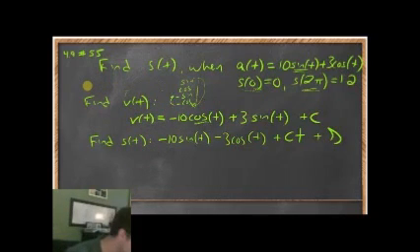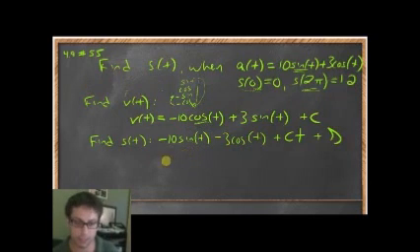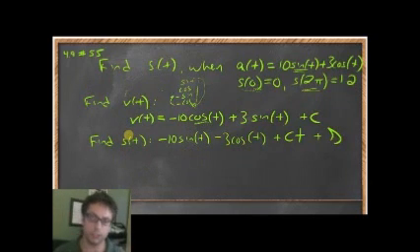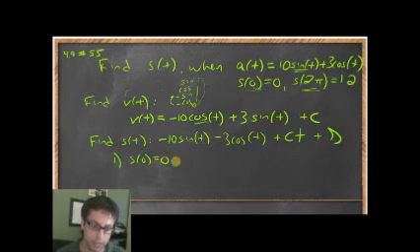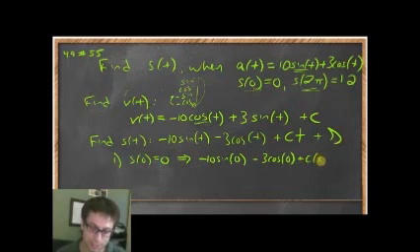Alright, where were we? Now we have C and D, so we're going to use our initial conditions to find them. Initial condition 1, s of 0 equals 0. That's negative 10 sine of 0 minus 3 cosine of 0 plus C times 0 plus D equals 0.